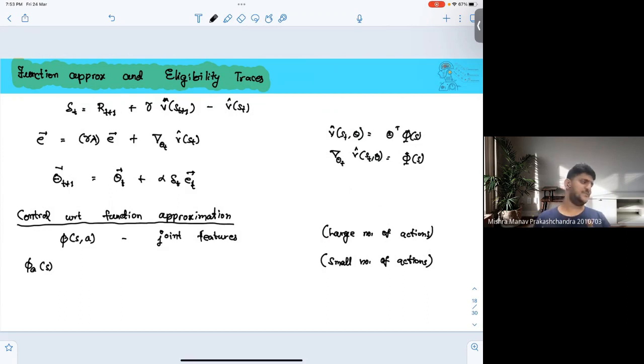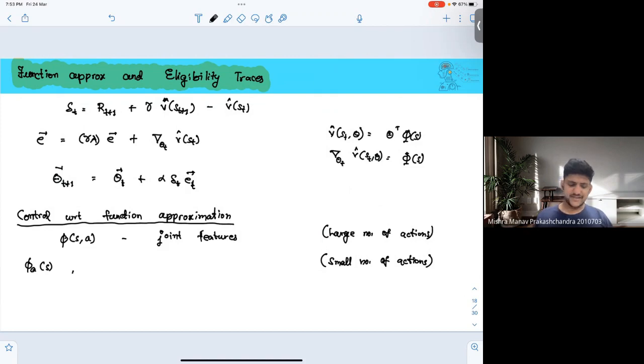Let's say in a grid world problem, I can have millions of states, but the actions are to move up, down, left, or right. So in this case, it makes sense to maintain 4 different function approximations for each individual action. In such cases, the actions don't have any sort of correlations, right? So this is one method to approximate the values.